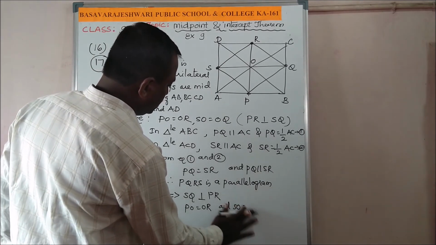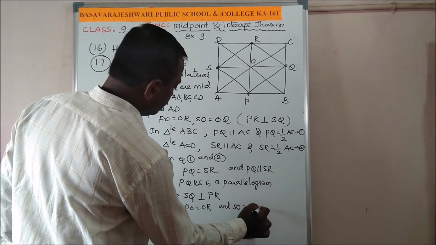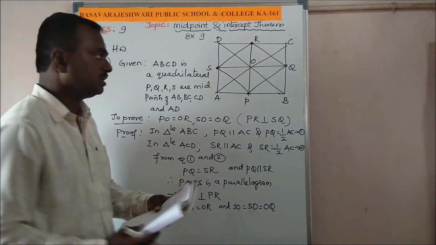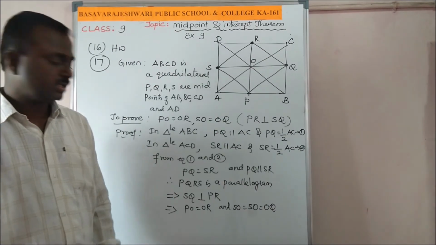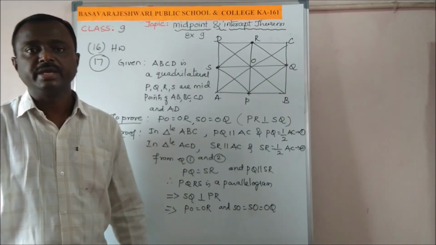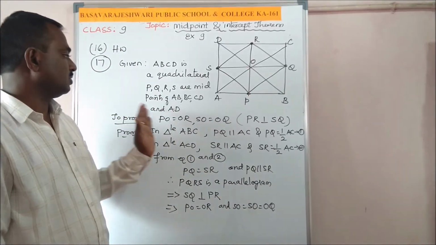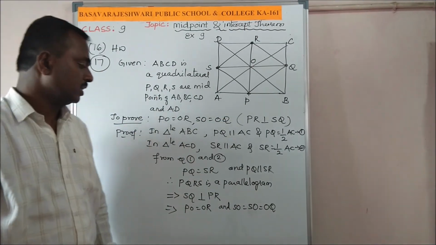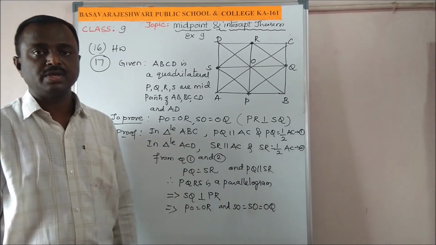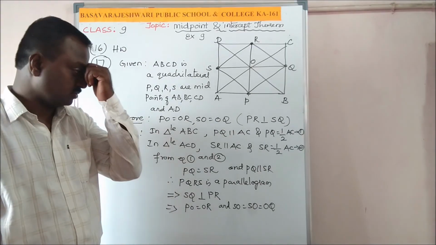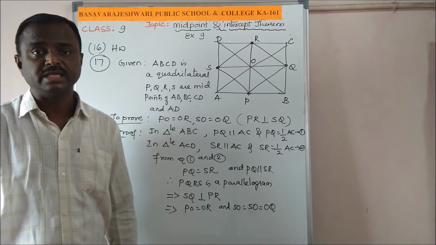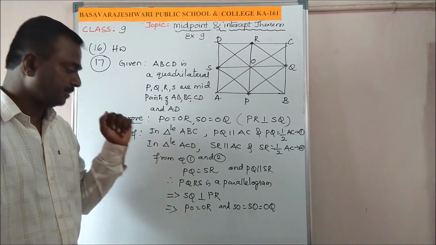Correct? They bisect each other, they are equal. Therefore, we proved that PR is perpendicular to SQ, using the midpoint theorem. So note down this sum.